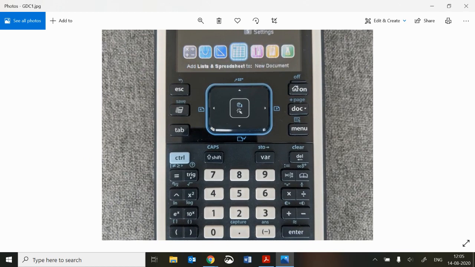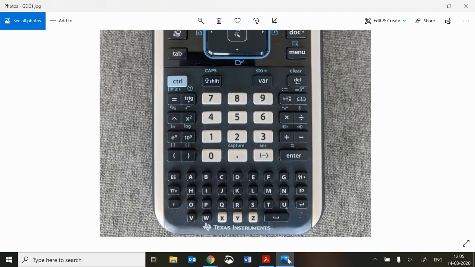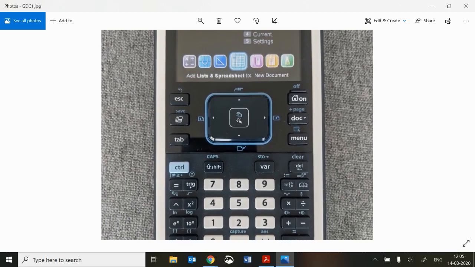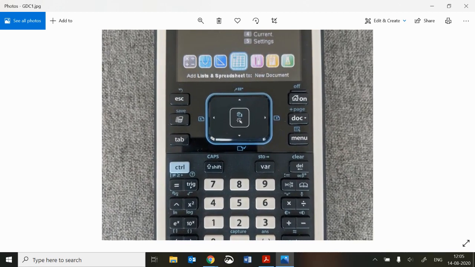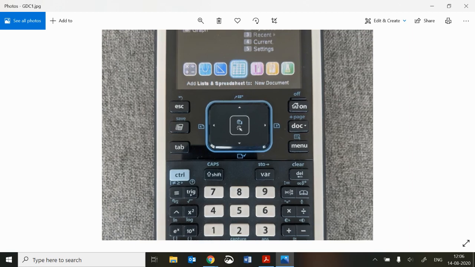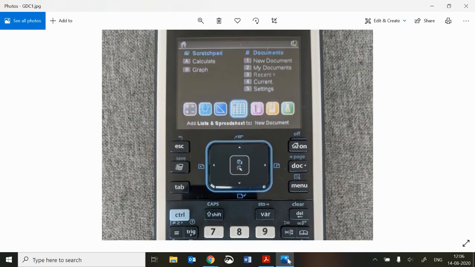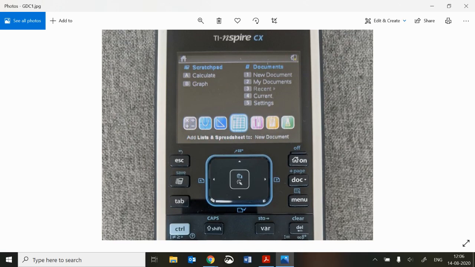The second thing to note is that your calculator still won't be able to do that. For example, if you type in the square root of -1, unless you've changed the settings to accept complex numbers, it will say it doesn't understand the square root of -1. In order to accept complex numbers, and to accept that the square root of -1 is i, because your calculator screen will give you i out for that answer, you need to go to menu, go to the main screen and go to settings.